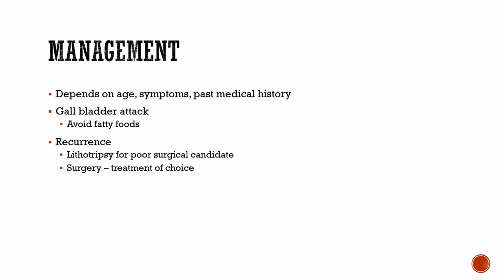But the history of recurrence is real. If they are not a surgical candidate, lithotripsy, which is where they use sound waves to get rid of the stones, can be done. But typically the treatment for a gallbladder with stones in it is to have a cholecystectomy.